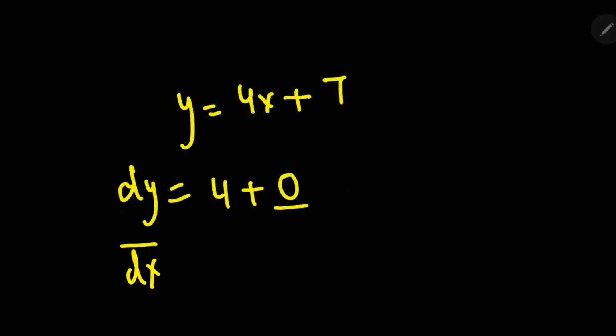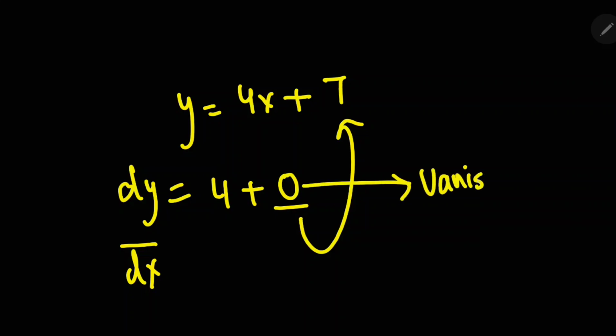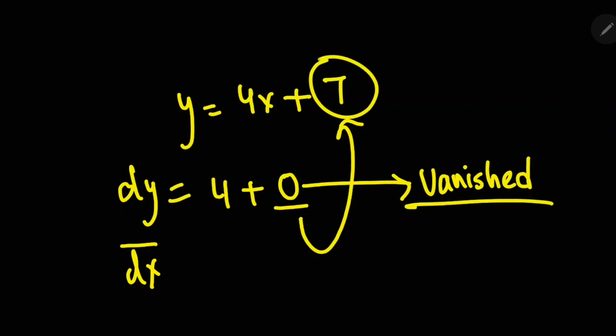So let's think here. If I go back from here, in reverse, I am not able to find what it is, because now it has vanished. It's gone. Even if I go in reverse, I'm not able to find what it was.